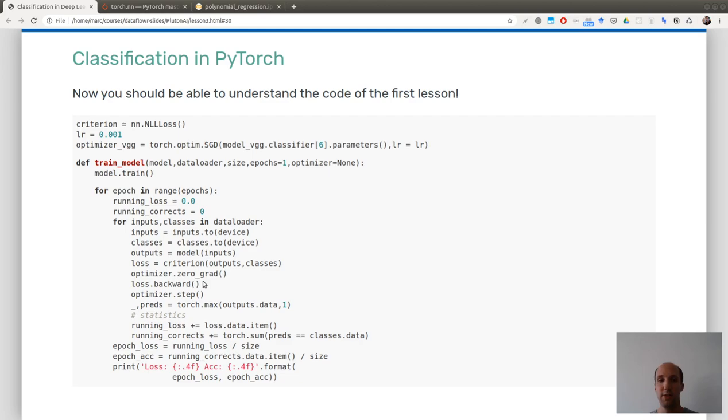You compute the gradient with loss backward, and you do an optimizer step. This will update the parameters of your network, actually only the last layer. And if you want to make a prediction, because you want to do classification, you are just looking at the maximum output of your prediction. And you see the accuracy is given here when your prediction is equal to the true class.